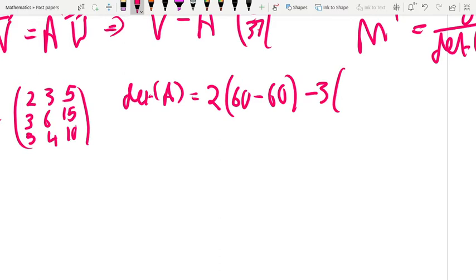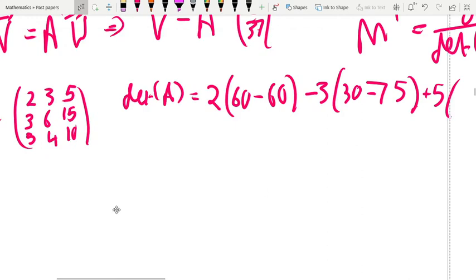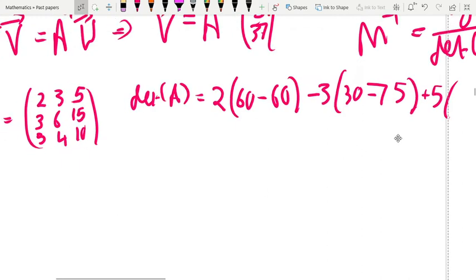Minus 3 times, so that's going to be 30 minus 5 times 15, so 30 minus 75, that's minus 45. And plus the final matrix, 5 lots of 12 minus 30.